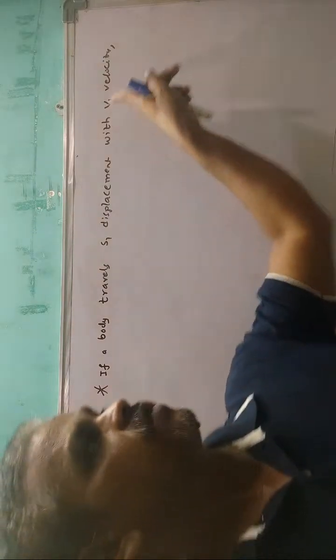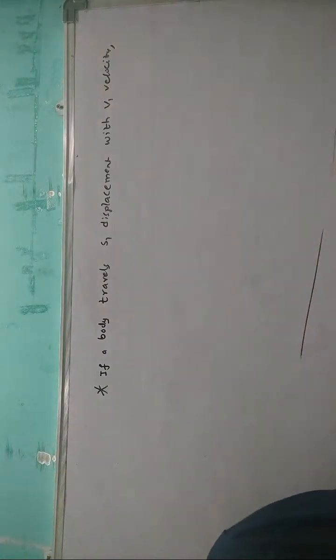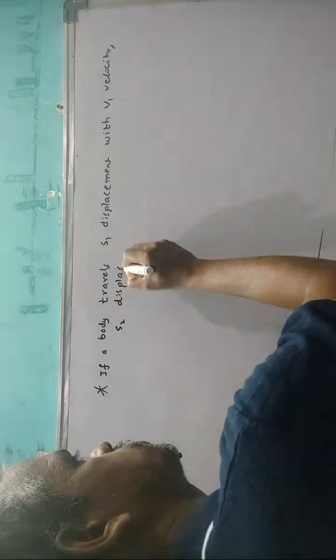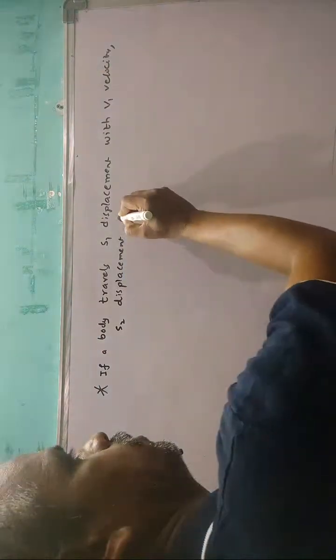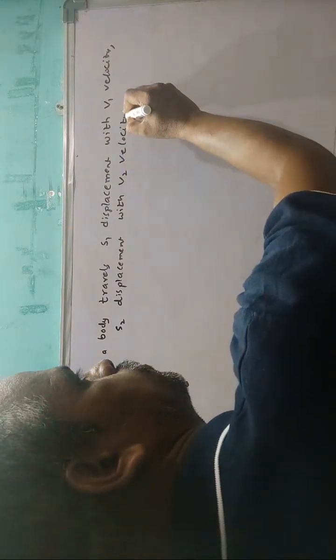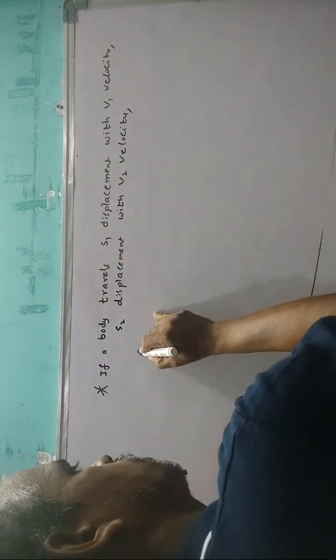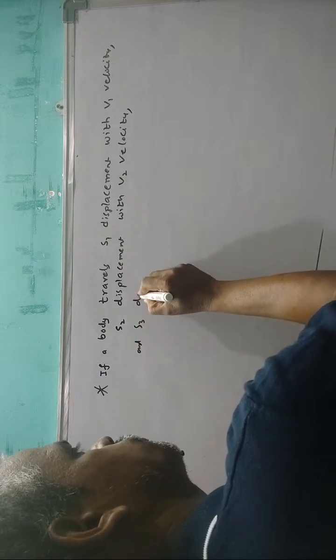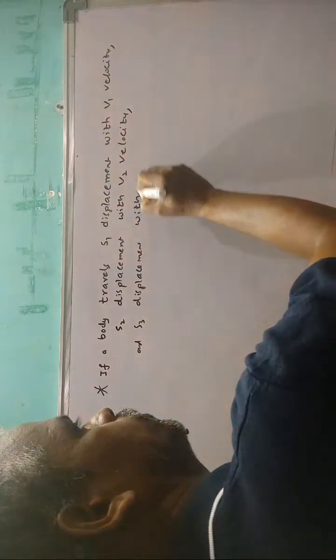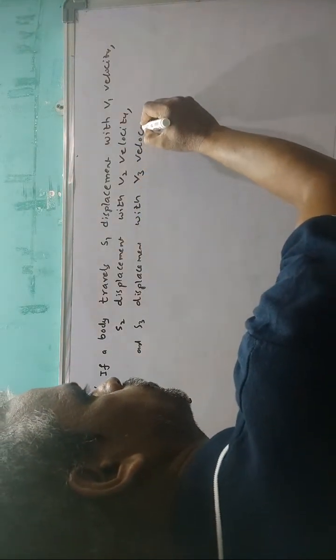See, if a body traveled s1 displacement with v1 velocity, then s2 displacement with v2 velocity, and then s3 displacement with v3 velocity.